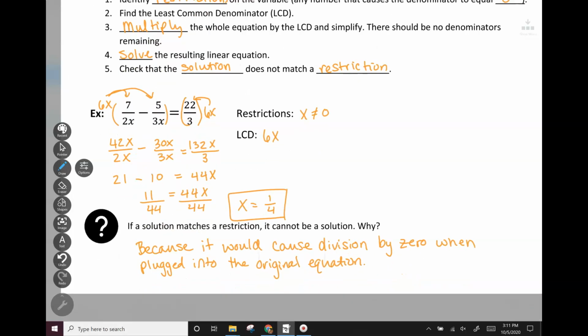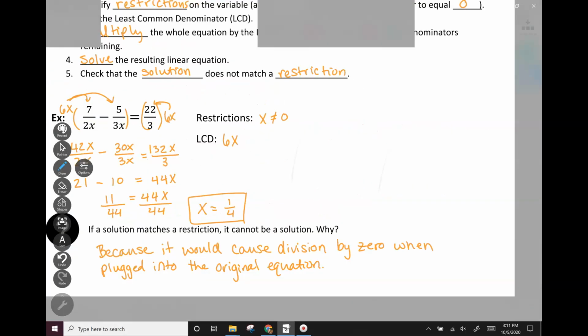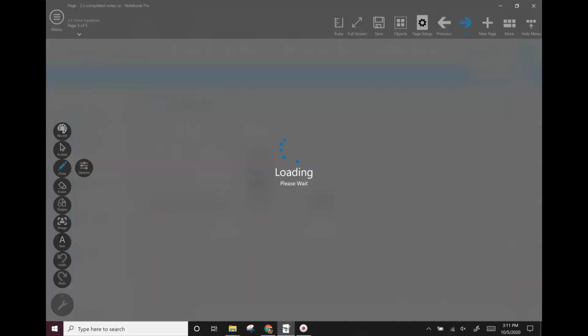That's why your solution cannot be one of your restrictions. All right, next page.